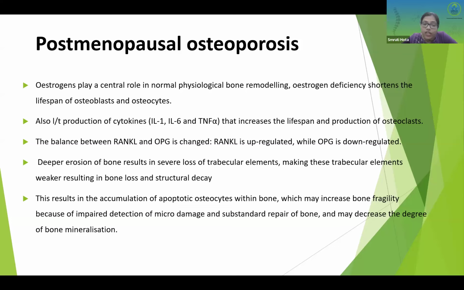Moreover, due to increased osteocyte apoptosis, microdamage accumulates, and the bone's ability to detect and repair the microdamage declines. That leads to increased fragility. So here estrogen deficiency sets up a chain of reactions, cellular, molecular, and structural, that progressively weaken the bone and make it more prone to fracture.